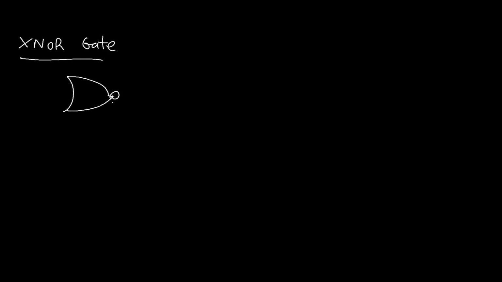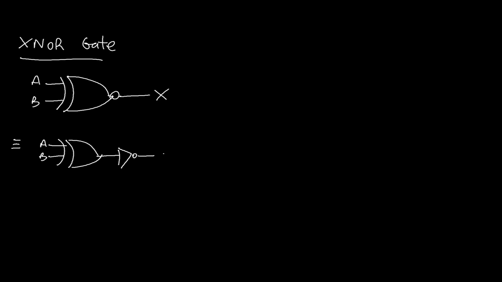It has a little circle on it, meaning there's a NOT gate there, and the rest of it is just the same as the symbol for the XOR gate. So A, B, and X in there. This is all equivalent to, of course, A, B, it's going there, that's going there, that's going into an inverter, and here we have our output X.